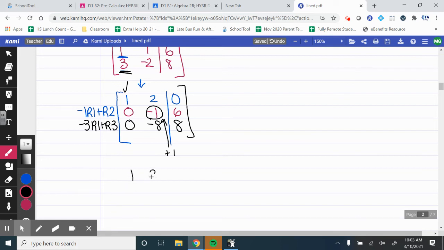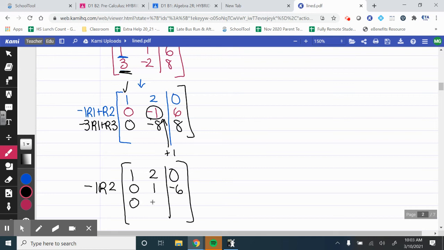So our first row stays the same, and then we're going to multiply negative 1 times row 2. So this stays a 0, 1, negative 6. When you're multiplying a row, you're not allowed to do anything else. The only time you can do more than one step in a matrix is when you're getting the zeros in the same column.